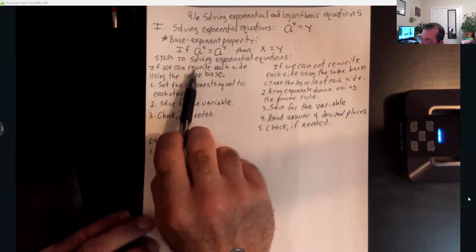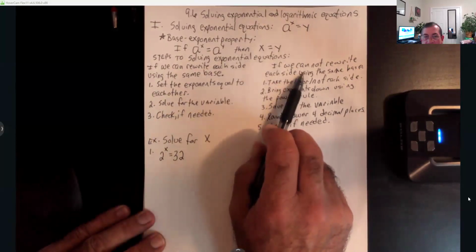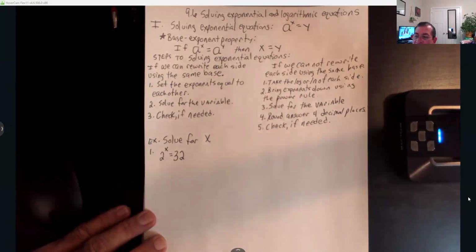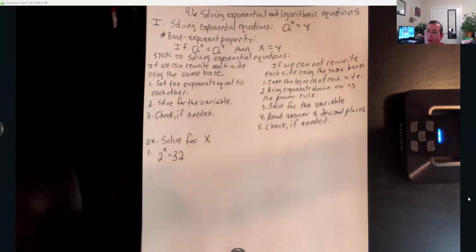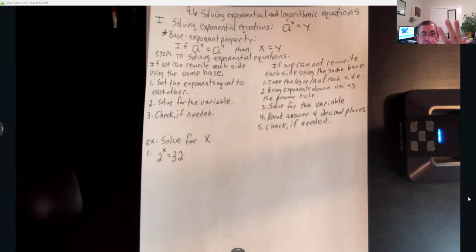So we've got to determine, can we rewrite it using the same base or we cannot? Can we rewrite 32 as 2 raised to an exponent? Does 2 multiplied times itself give me a 32? So y'all, you would start with 2 times 2 is 4, times 2 is 8, times 2 is 16, times 2 is 32.